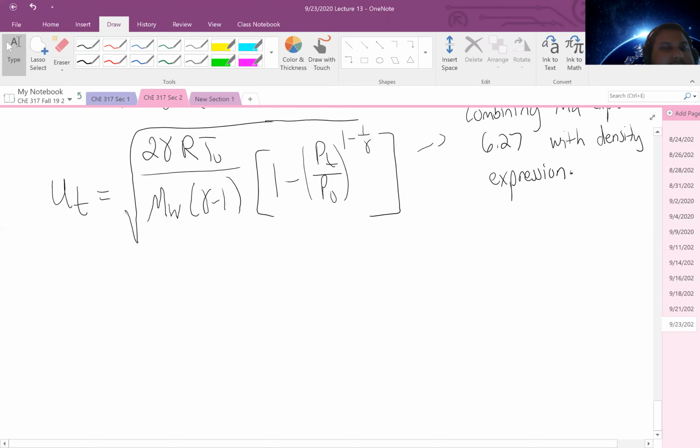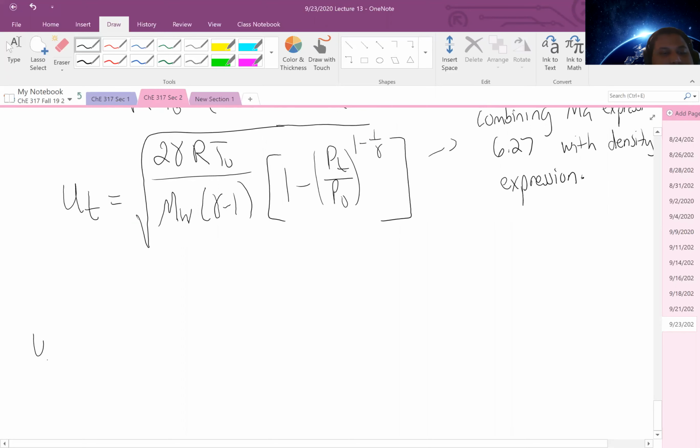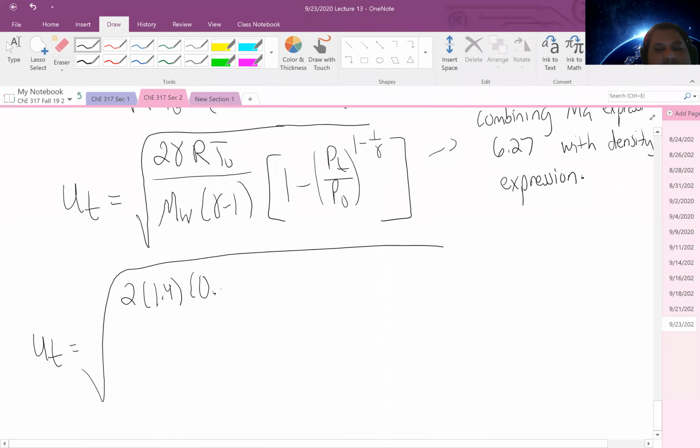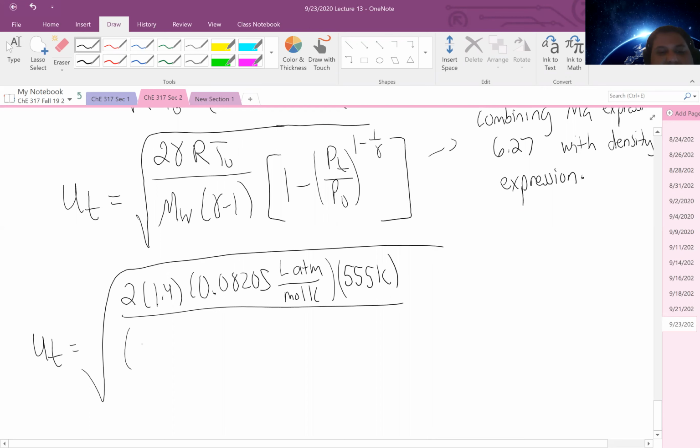So if we do this, we get an equation, and here I'll make it big so you can see the steps. 2 times 1.4 times 0.08205, which would be liter atmospheres per mole Kelvin. The temperature would be 555 Kelvin. The molecular weight would be 29 kilograms per kilomole.